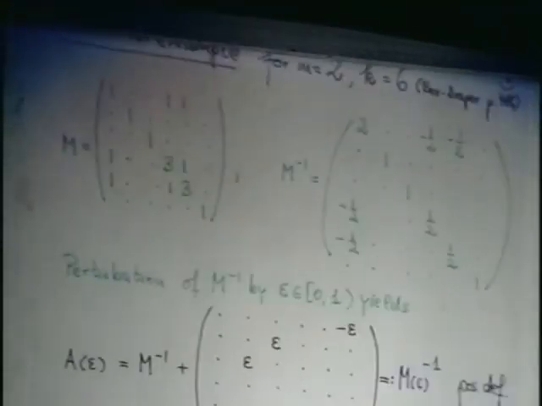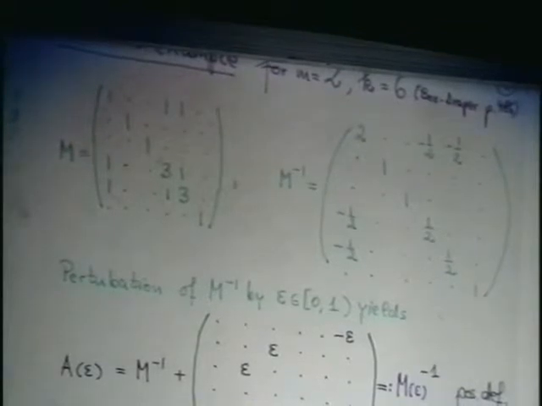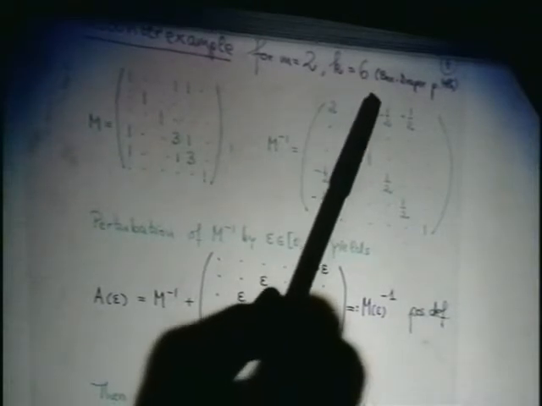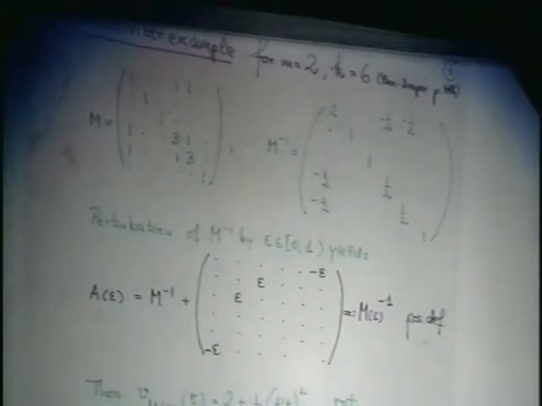Here is a counterexample, and unfortunately the counterexample can only work if you have at least two experimental conditions, so m is equal to 2, and a second order model, and with this the moment matrix is a 6 by 6 matrix. So in order to find a counterexample for this implication, we need to play around with 6 by 6 matrices.